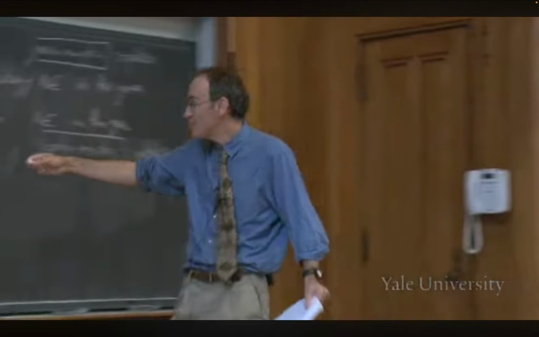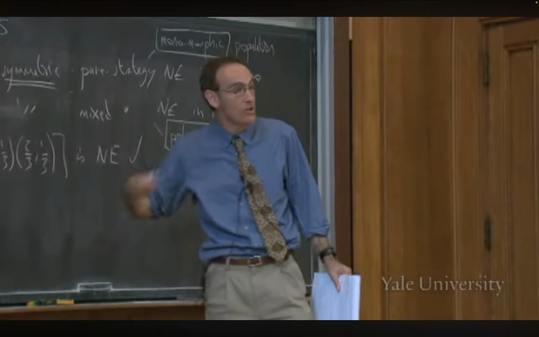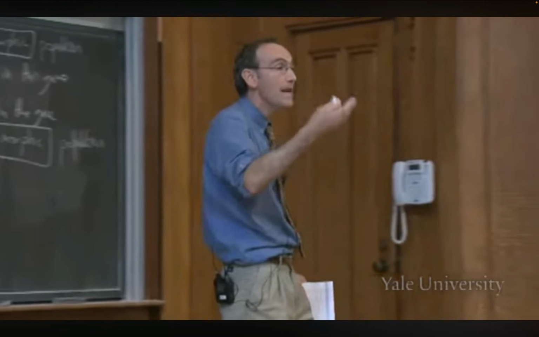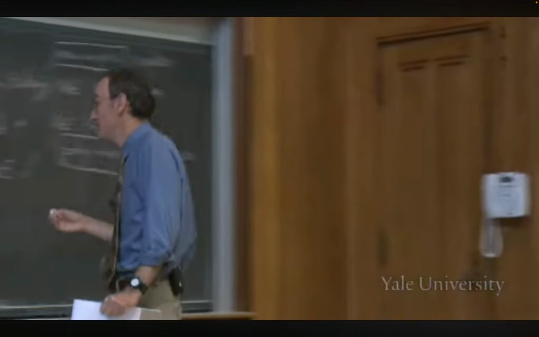The way of saying it is, an A mutation does exactly as well against this mix as the mix does against itself, and a B mutation does exactly as well. In fact, that's how we constructed the equilibrium in the first place. We chose a P that made you indifferent between A and B. So in a mixed Nash equilibrium, it can't be strict.